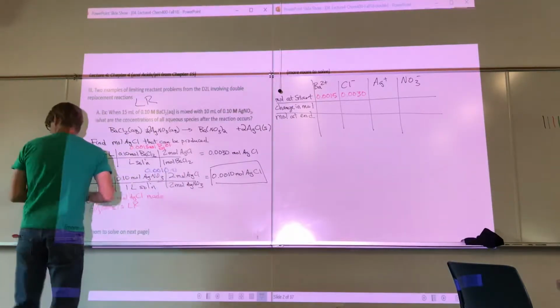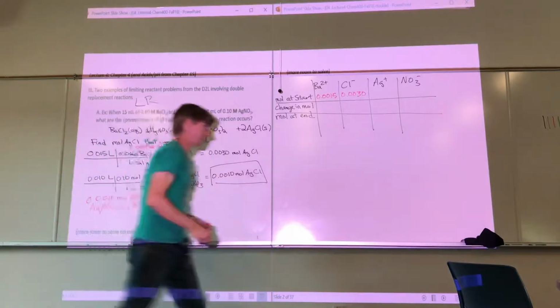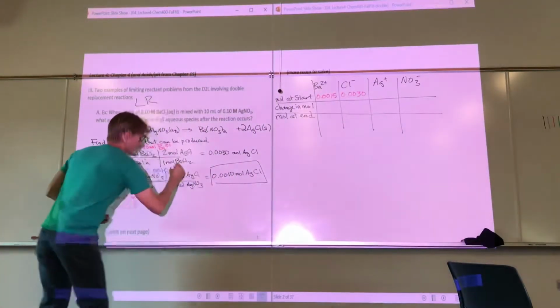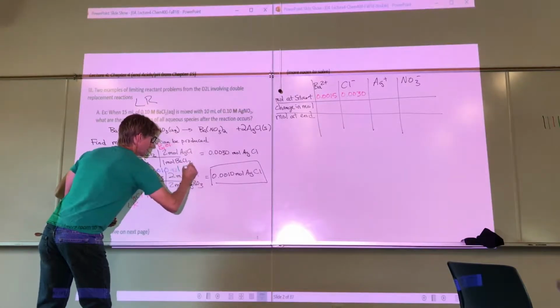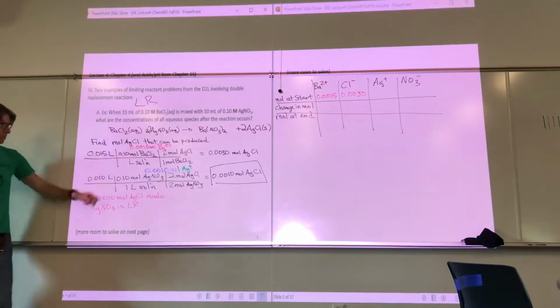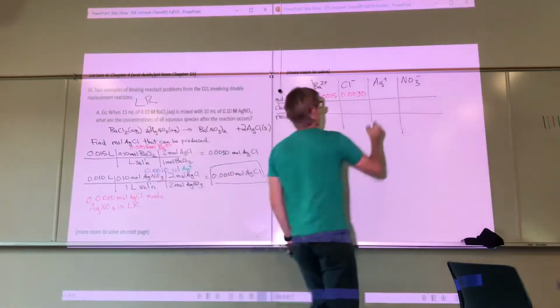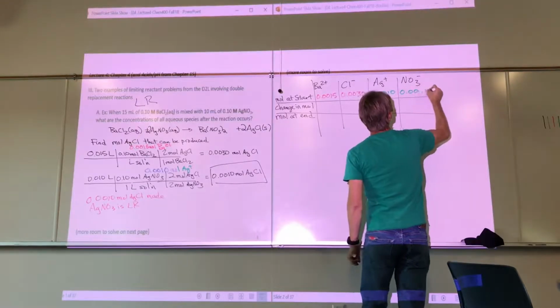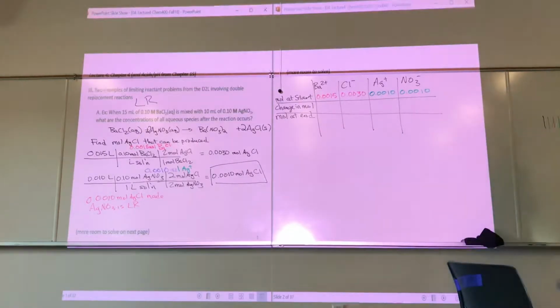And that pen doesn't even work, so I'm not keeping that one. So it's that many moles of silver just by multiplying these two numbers together. Any questions so far? Okay.